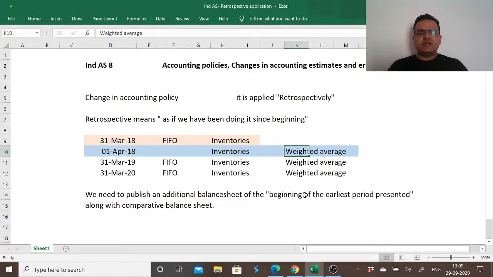So automatically the recalculation of 31st March 19 will be on weighted average, and we'll be able to publish it this year on weighted average basis.